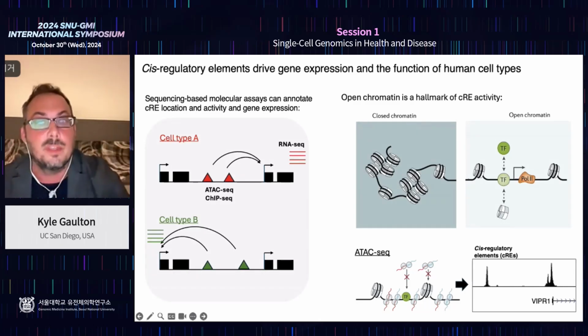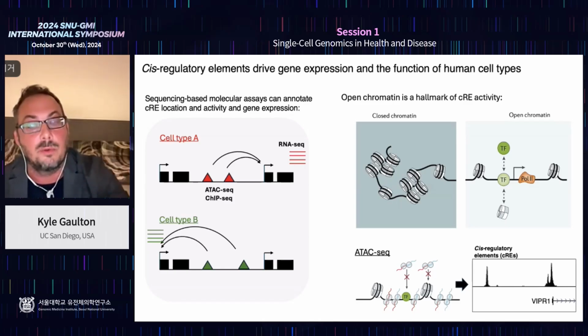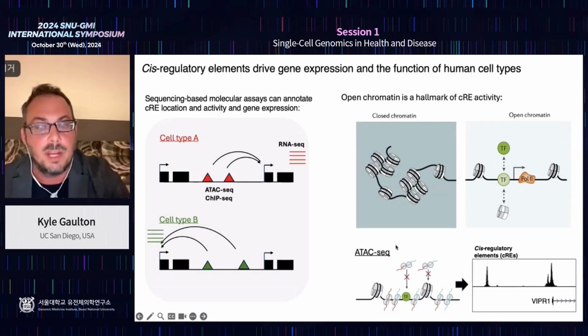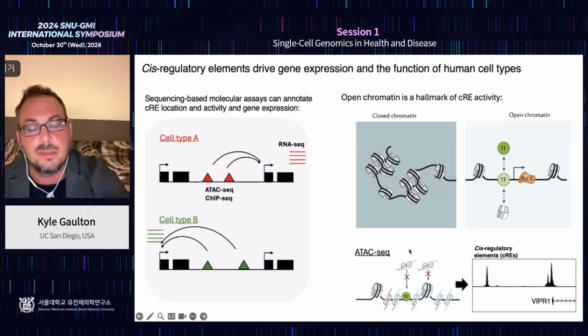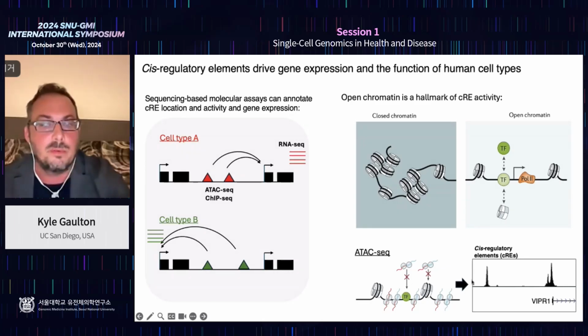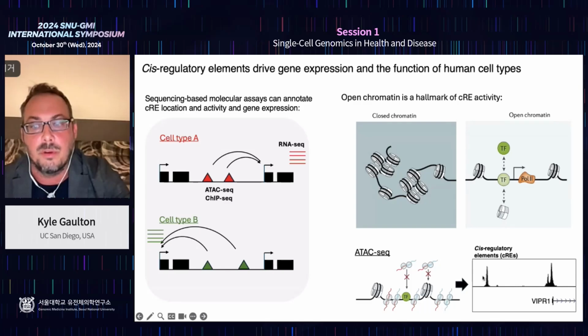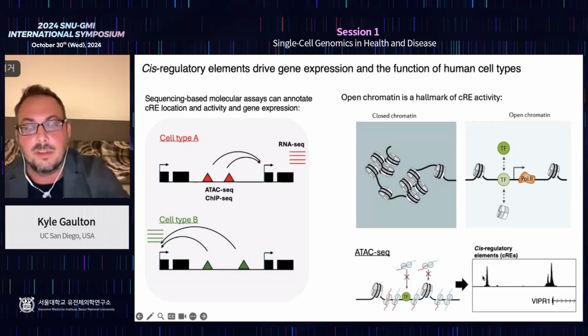And that exposes the underlying sequence, allowing regulatory proteins to bind to drive gene expression. And this is called open or accessible chromatin. And ATAC-seq exploits this phenomenon basically by integrating sequencing primers into these regions of open chromatin. And you can sequence the results of these assays, and that allows you to map the locations of these elements, for example, promoters or distal elements such as enhancers.